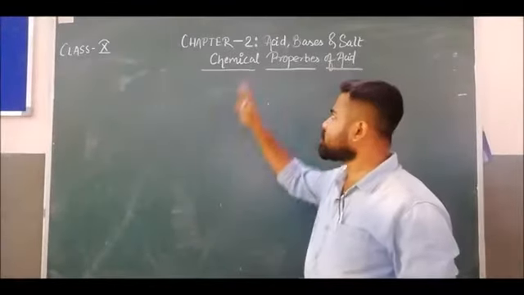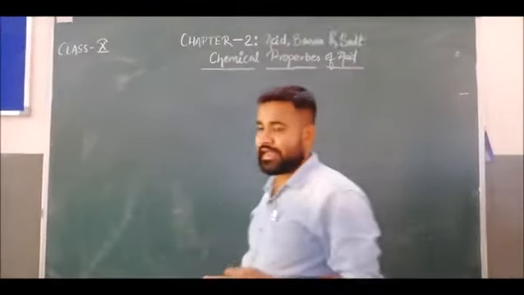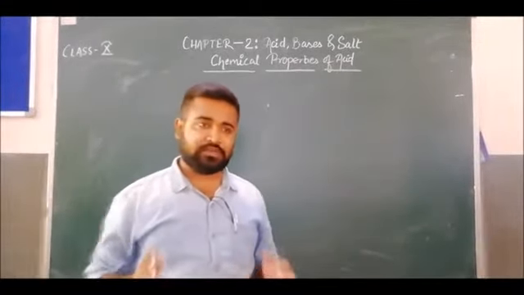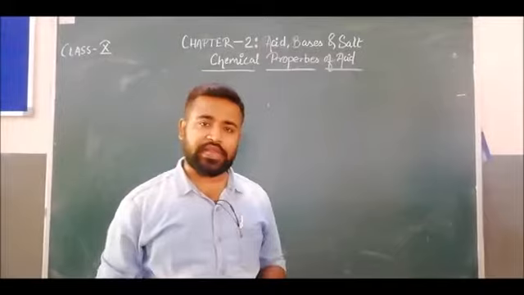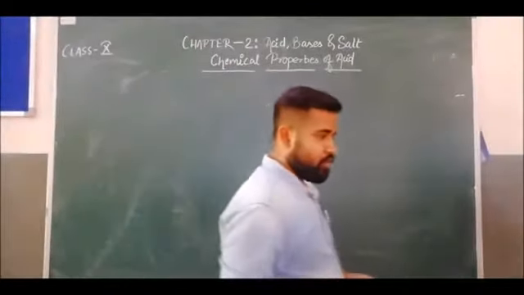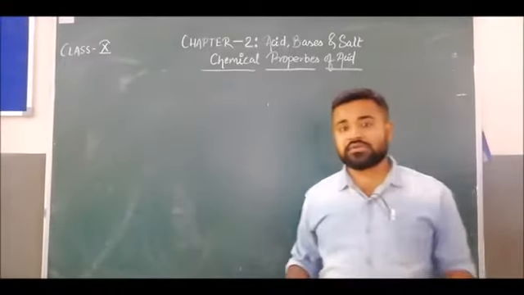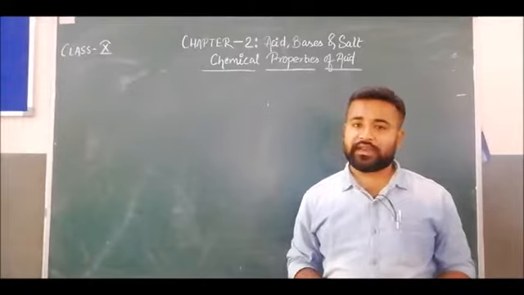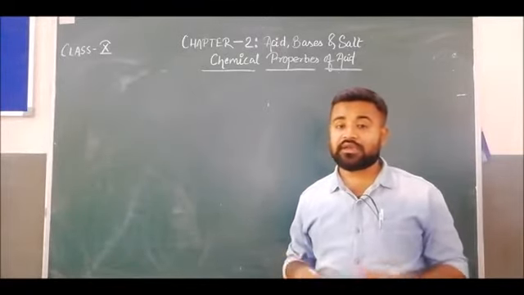Let us start this topic, that is chemical properties of acids. First of all, what is a chemical property or what is a chemical reaction? A chemical reaction means whenever a single reactant or more than one reactant reacts to give a new substance whose property is totally different from the reactants, it is known as a chemical reaction.